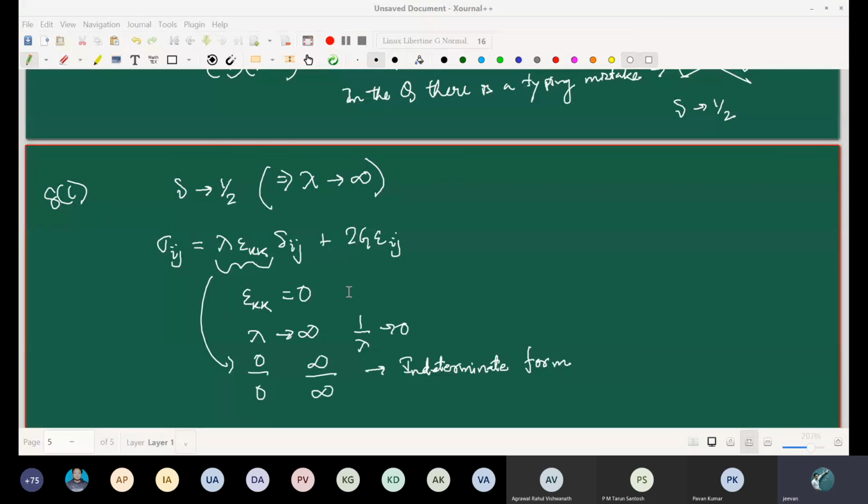Question number 8D is very much reminiscent of what we learned in fluid mechanics. The constitutive relation with this indeterminate form is usually written as sigma ij is equal to minus p delta ij plus twice g epsilon ij. It is given to you that for an incompressible solid material we have this form, and we have to show that this p is of this form.